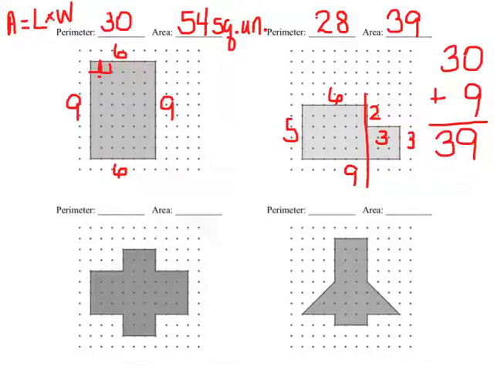Alright, my next shape. Let's start right here. I have 1, 2, 3, 4. And if I went directly across, then this side is going to be a 4. And let's say that I want to do the top. 1, 2, 3. So I'm going to have a 3 here, which means I'm going to have a 3 here.